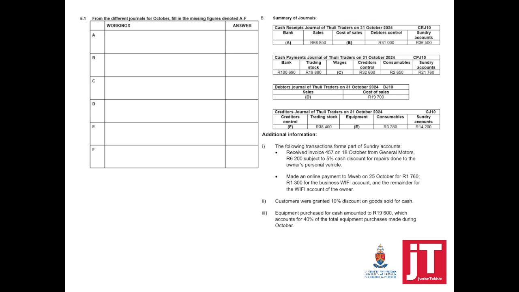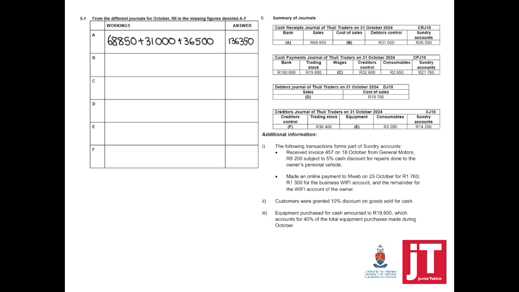So to solve number A, we are going to add sales plus the debtors control plus sundry accounts, and that equals the total for bank. To calculate now the cost of sales. To calculate cost of sales, you need the selling price, which is under sales, times 100 divided by 100 plus the percentage markup.